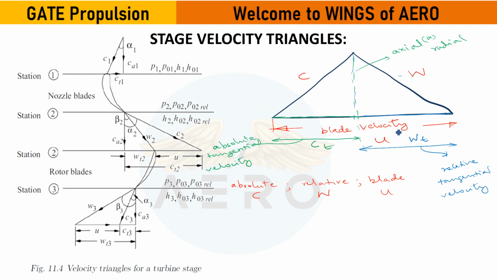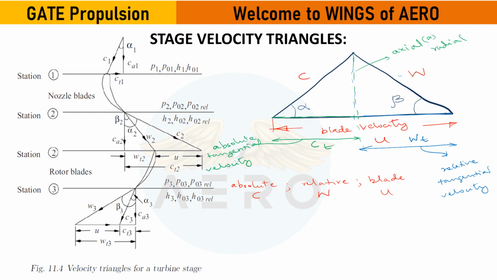Now, the difference part. When we talk about your centrifugal, the blade angle: here for absolute, this one is going to be your alpha, and the other one is going to be your beta.